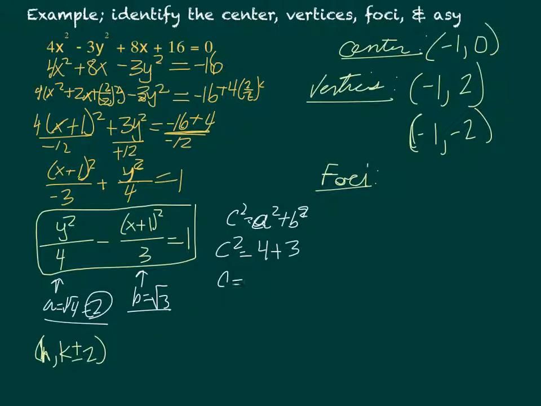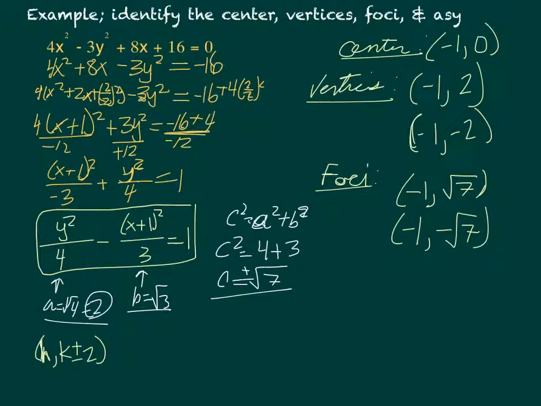So C equals the square root of 4 plus 3, which is 7. So if that's C, the same thing that changes on my vertices is going to change on my focus. So the foci are negative 1, 0 plus square root of 7, so negative 1, square root of 7, and negative 1, 0 minus square root of 7, which is negative square root of 7.